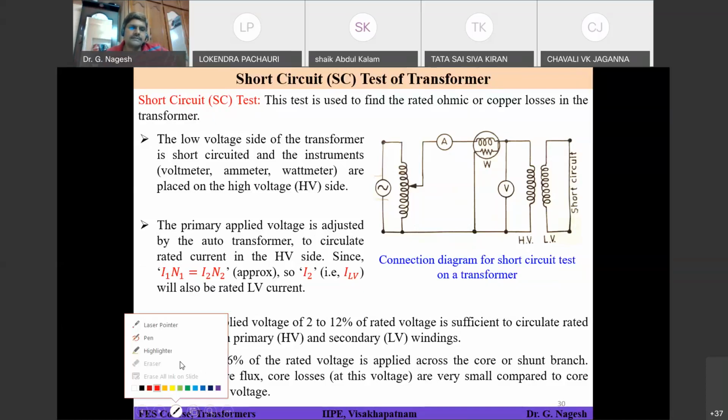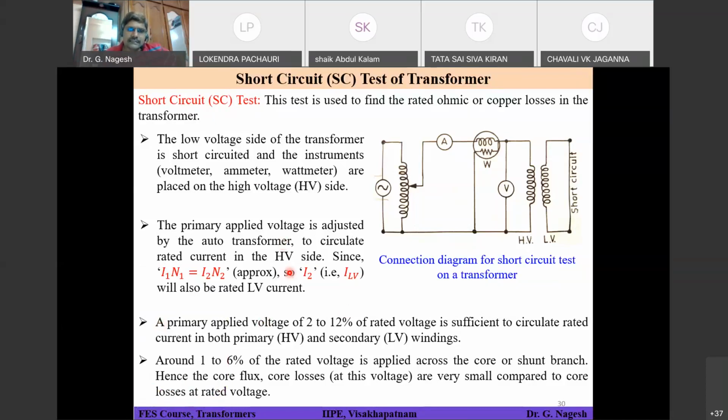So we are calculating the rated current, that is kVA divided by HV voltage, and you arrive at some value of current, and you send that much current through your ammeter.